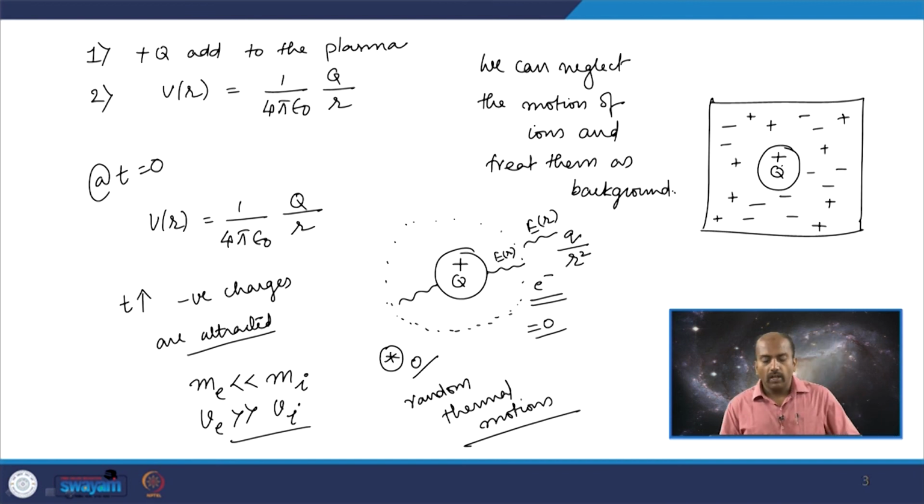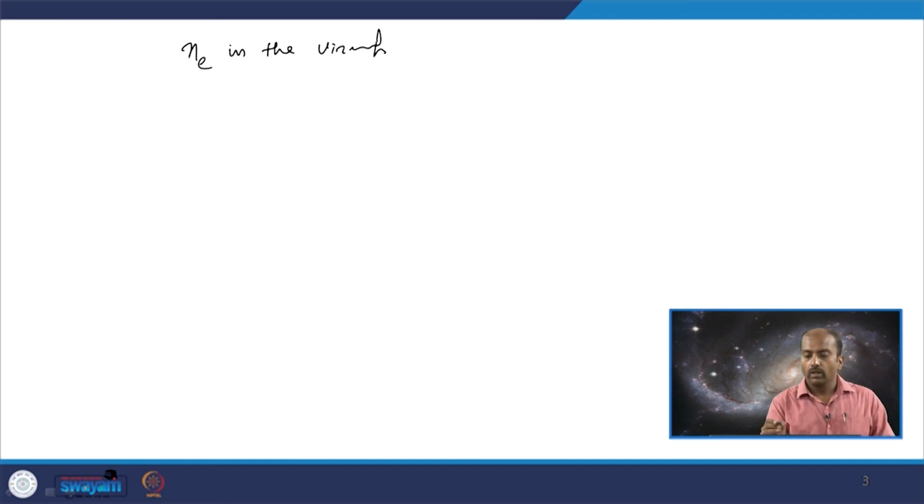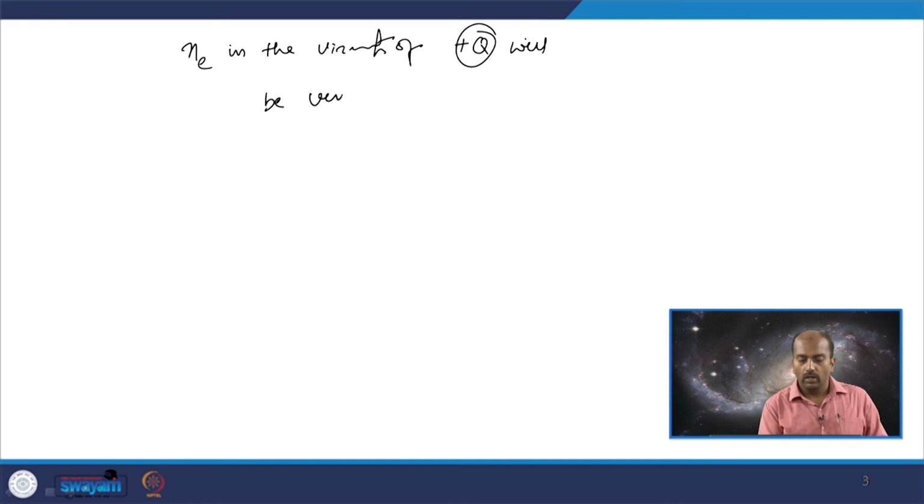Okay. Now, after a sufficient amount of time has passed, what will happen? The most likely thing that will happen is that the number of electrons in the vicinity of this positive test charge will be very large in comparison to the ions, right.